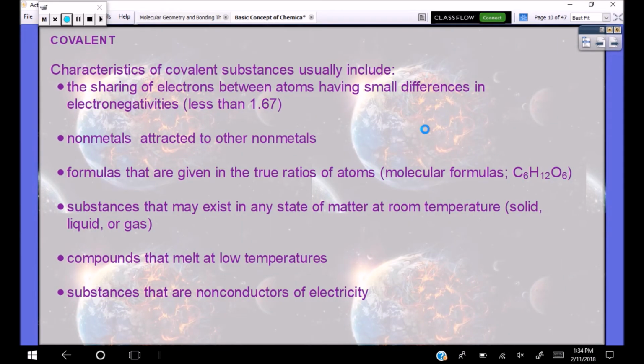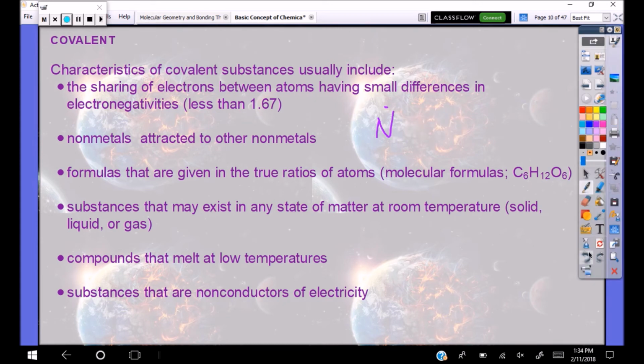Let's say we want to draw a Lewis dot structure for nitrogen. Nitrogen is in group 15. It has 5 valence electrons. So I've got my 5 dots. 1, 2, 3, 4, and then 5. When you're drawing a single atom, make sure that the dots only pair once you have all the other dots in each of the cardinal places.